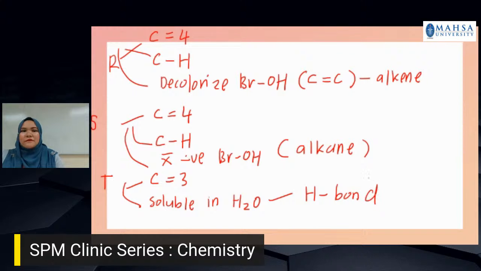In order to form hydrogen bonding, you should have an electronegative atom. What is an electronegative atom? It will be oxygen, it will be nitrogen and so on, just according to your periodic table. So let's say this will be your periodic table.